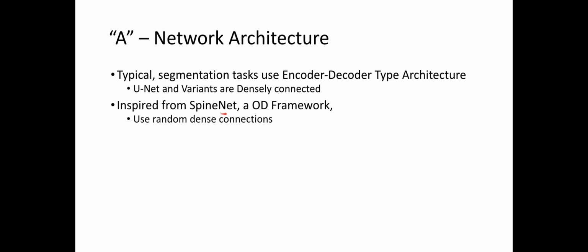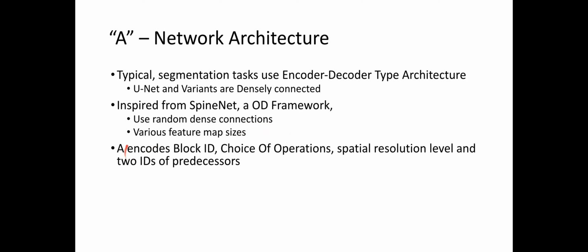In SpineNet, the dense connections between blocks in the neural network are completely random, and the feature sizes between each block are completely random. Suppose you take a UNet: in the encoder, the feature size is going to decrease, and in the decoder part, it is going to increase. In SpineNet, the encoder and decoder parts will have random increases and decreases in the feature sizes between blocks.